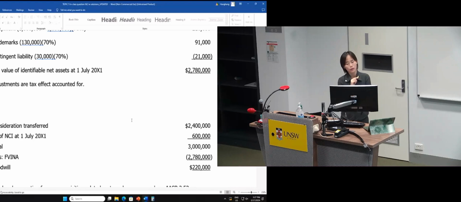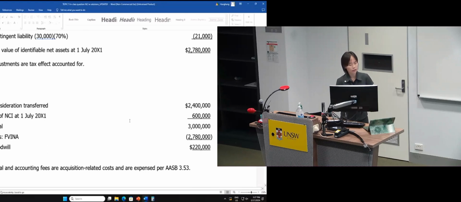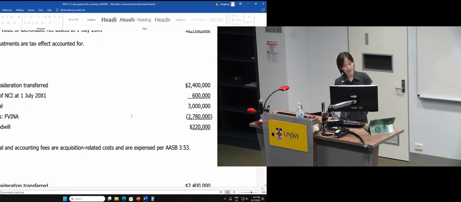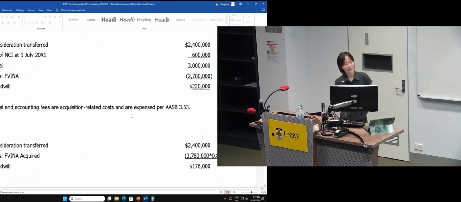resulting from this acquisition. Now this total goodwill is comprised of two parts, right? The parent's share and the NCI share. So how do you find out the goodwill purchased by the parent? We can scroll down to part C, okay?